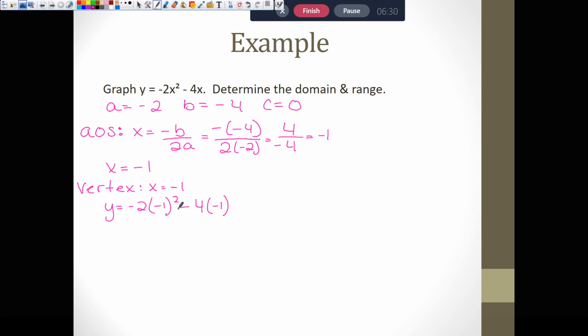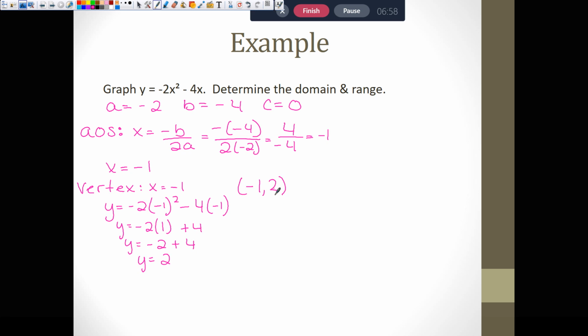So -1 squared is 1. And -4 times -1 is +4. And this will give me -2 plus 4. So my y will equal 2. So my vertex is at -1, 2.